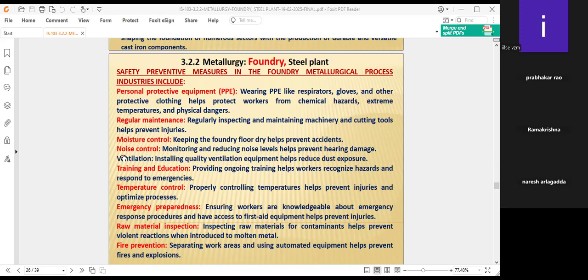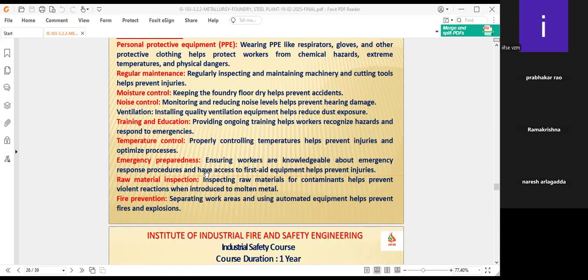Therefore, the ventilation will be proper. At the top of the walls we have to put some glass windows, so that during the daytime light is given without using electric lighting, and it gives the ventilation property also. That's why in building construction we have to consider the foundry process.